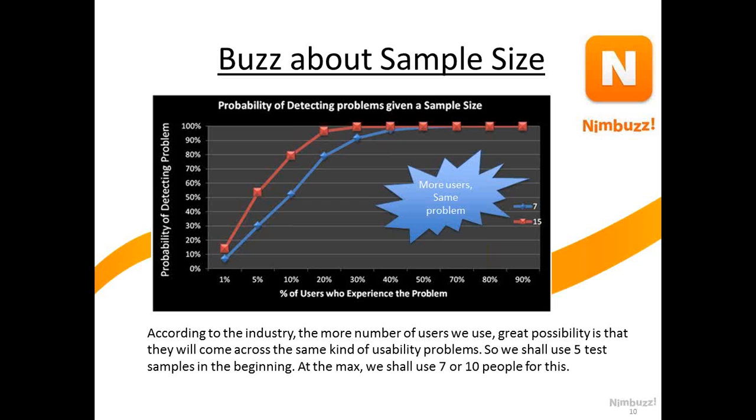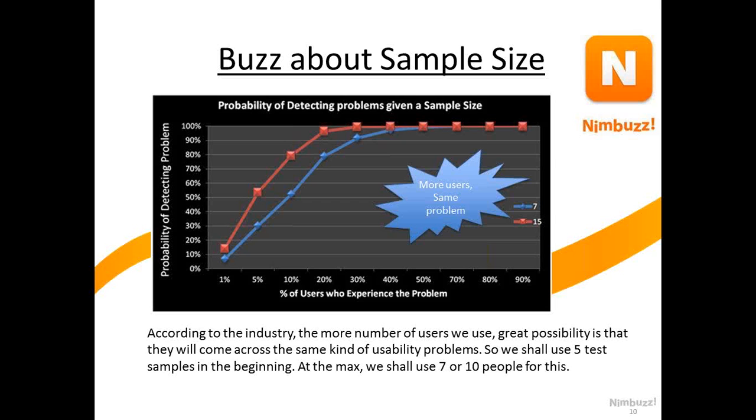For example, the feedback that you get, the more people you use, it's quite normal that you will get similar kinds of feedback. For example, you test with 10 people, they will give, for example, 15 different feedbacks and 15 different points that you will be fixing.